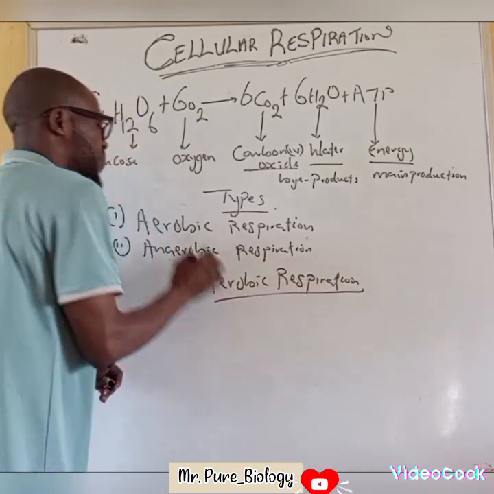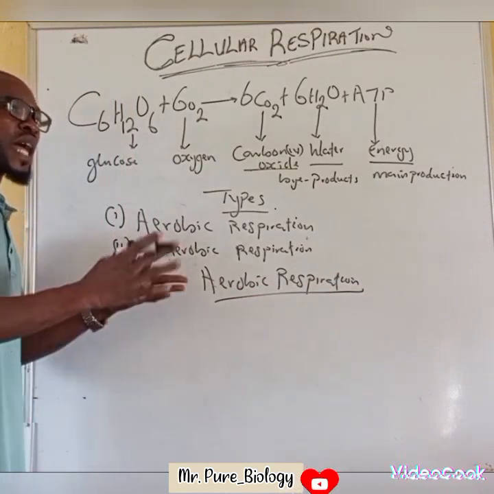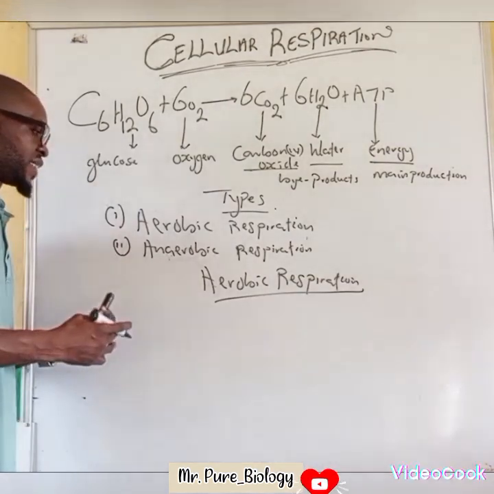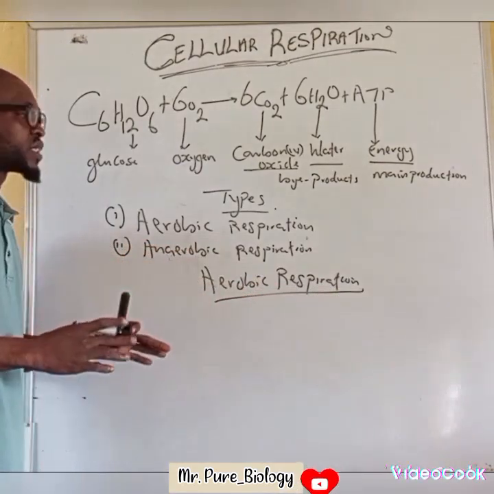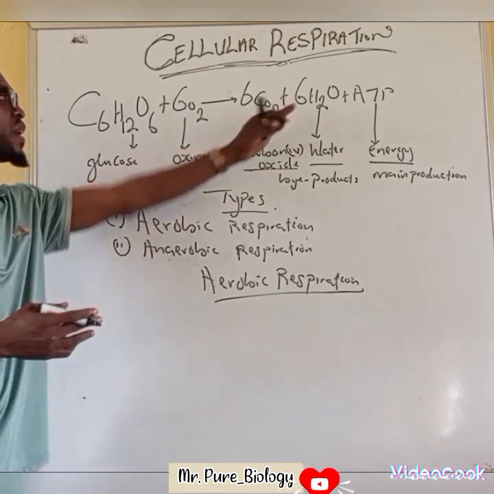As the name implies, aerobic respiration is a type of respiration that basically involves oxygen. That is, oxygen is involved in breaking down glucose to release the energy, likewise, carbon dioxide and water.